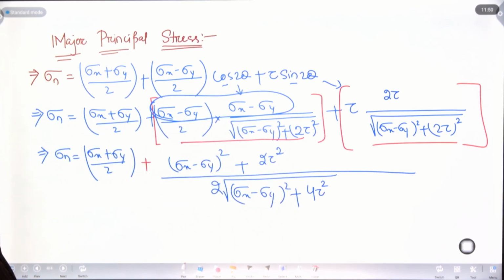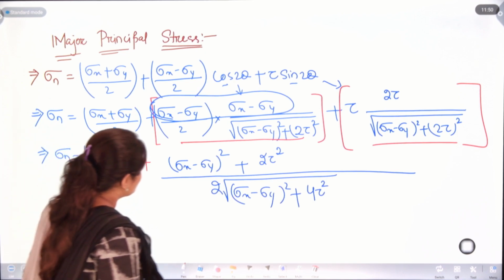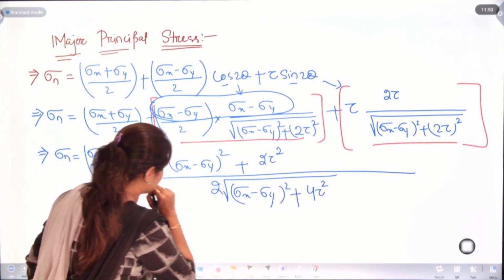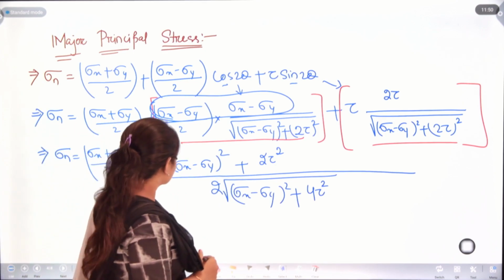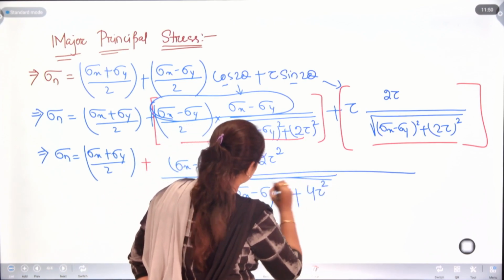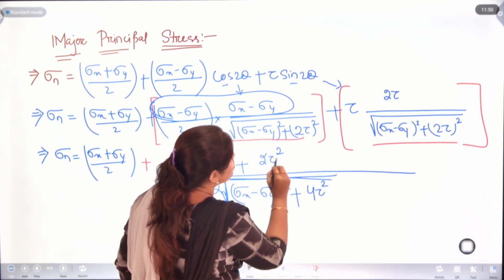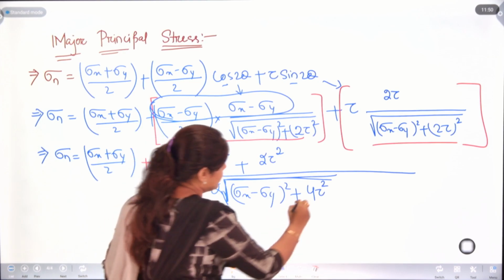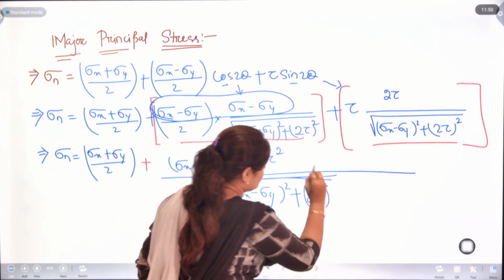Now, what we will do, we will have the values. So, you can see 2 tau square. Let's term this as 2 tau whole square.